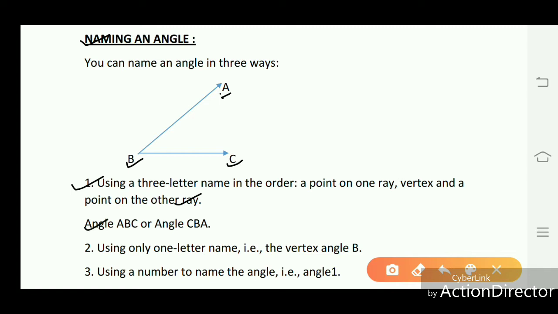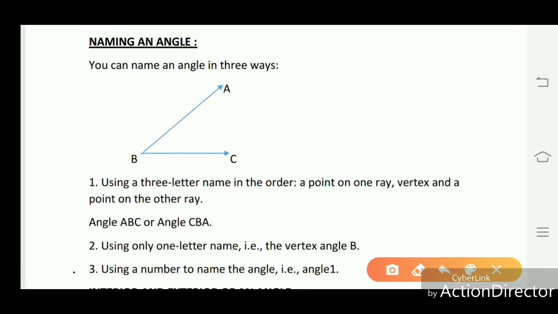So angle ABC or angle CBA. Second, using only one letter, that is the vertex, angle B. Angle B is here. Third, using a number to name the angle, that is angle 1. So here are some ways of naming an angle.